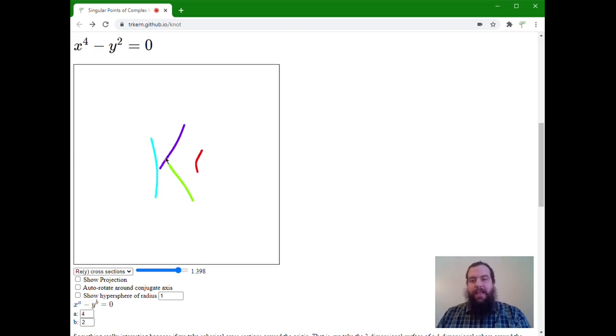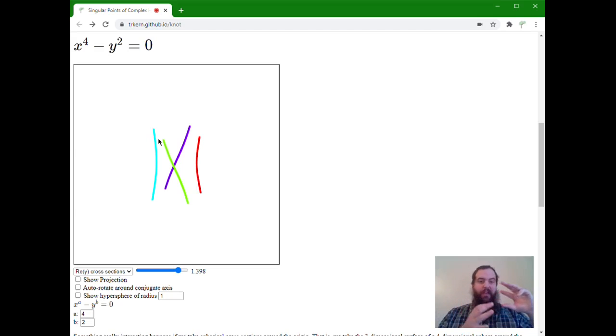The same way that taking these orthogonal cross sections brings us down from a 2-dimensional subspace of 4-dimensional space to a 1-dimensional surface in 3-dimensional space.